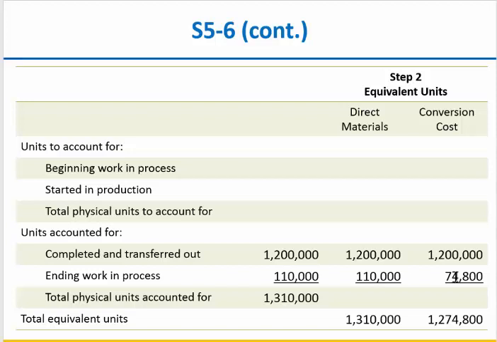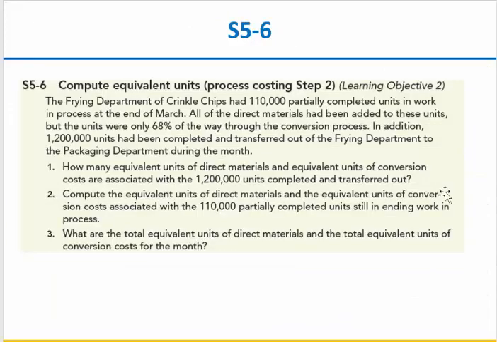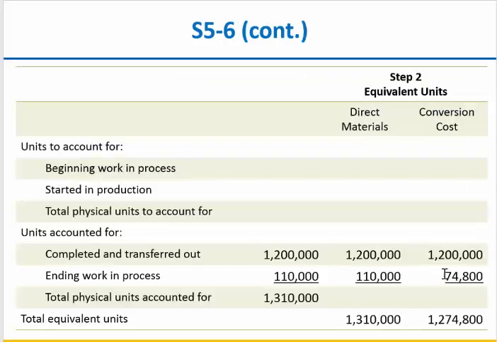However, when I come to the conversion cost, the question says, if you go back to the prior slide, I forget that number, we are having 68%. So when we come to the equivalent units, we are going to multiply 68% by 110,000.